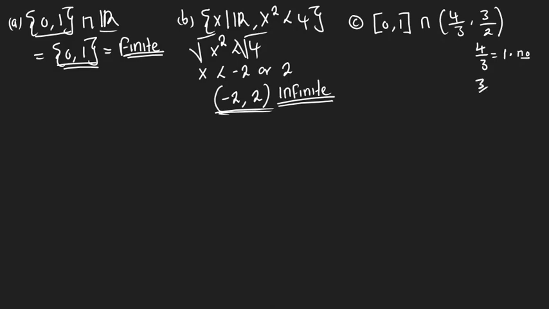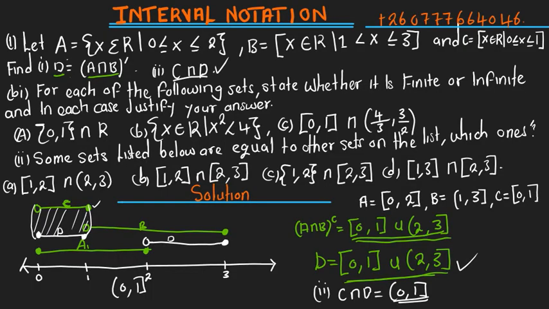If you divide 3 by 2, you are going to get a 1-point number, which is also greater than 1. So all the numbers in here are greater than the numbers in here. So if you want to find the intersection, you discover that they won't intersect at any point. So this is an empty set, and we know that the empty set is a finite set. That is correct. Okay, that is how you find for this particular question.